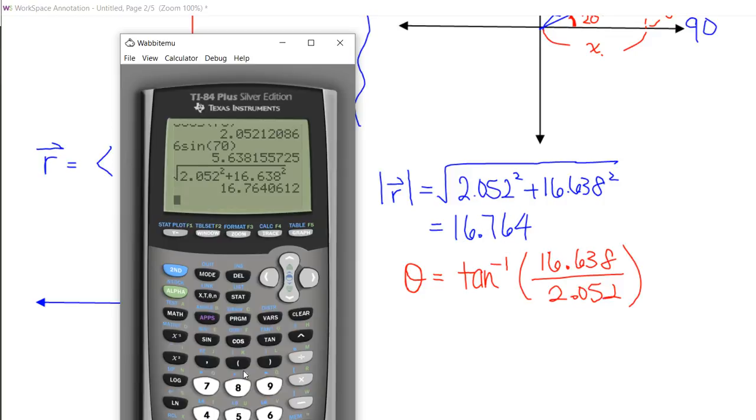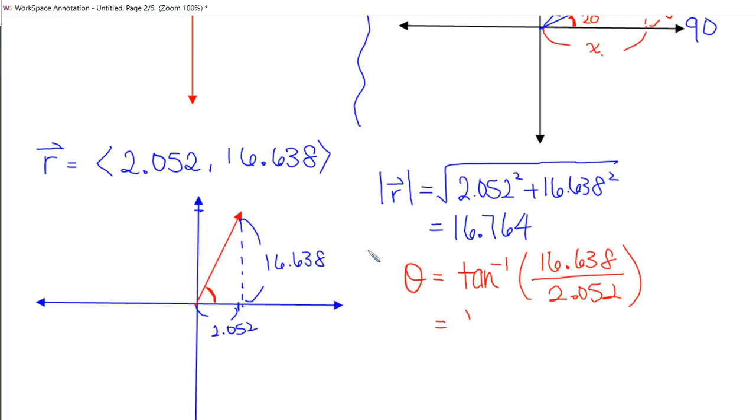Let's see what that gives us. Tangent inverse of 16.638 over 2.052. Alright, that gives us 82.969 degrees. So that interior angle right there would be 82.969 degrees.